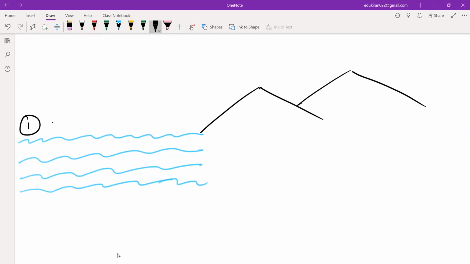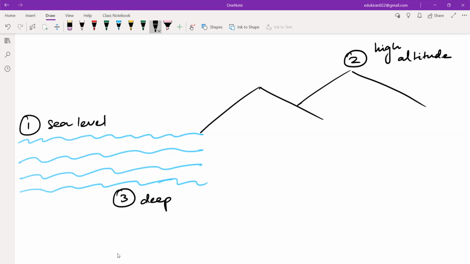That is the first point. Second point is at the top of the mountain, high altitude. And third point is under the sea, deep inside the sea.